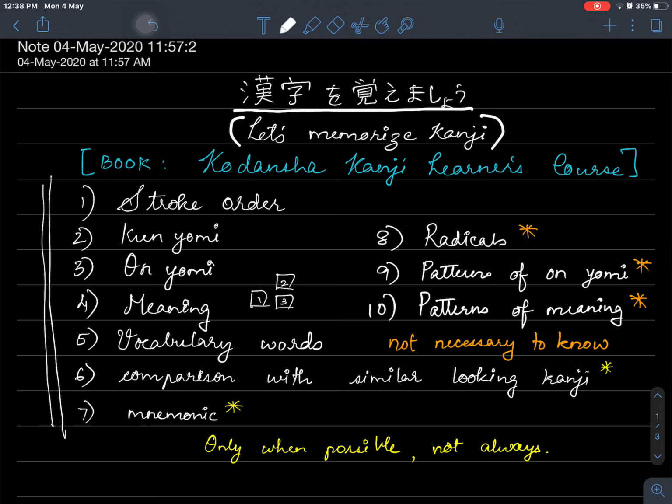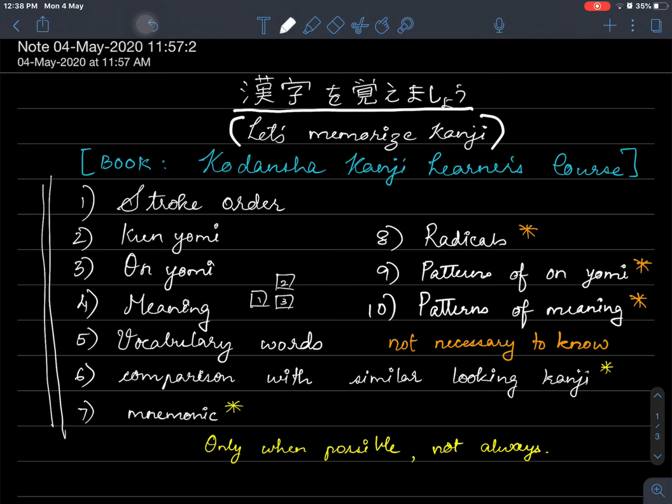Similarly, based on any one of these components, 1, 2 or 3, there is a possibility of being able to guess what the onyomi of the character could be. In a similar manner, depending on one of the components, either 1, 2 or 3, there is also the possibility of being able to guess what the meaning could be. This is how we go about establishing the meanings of kanjis based on the components, and this method is what this book really elaborates on and uses to its full potential.